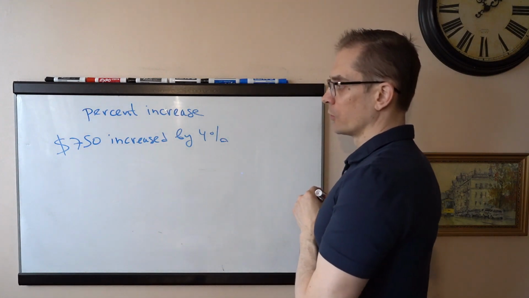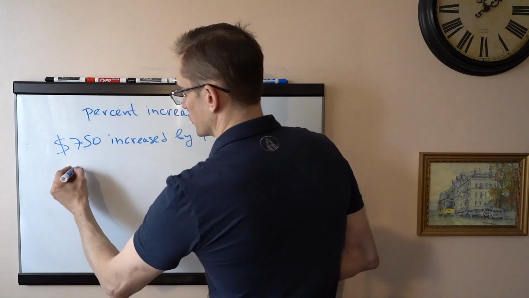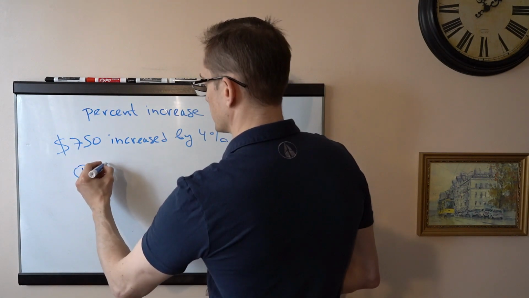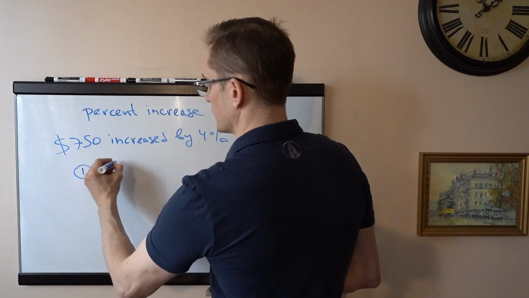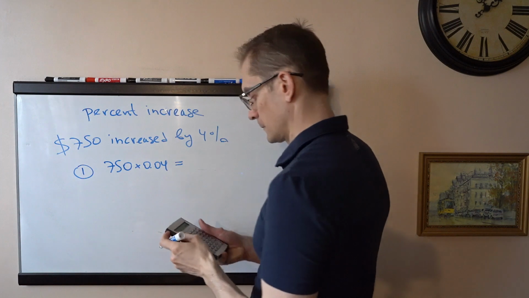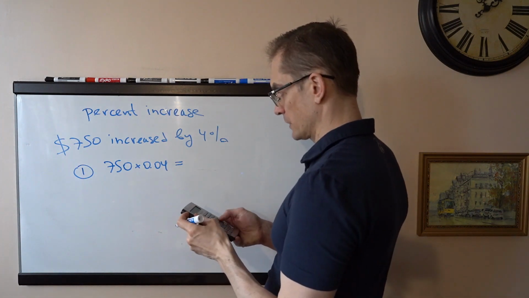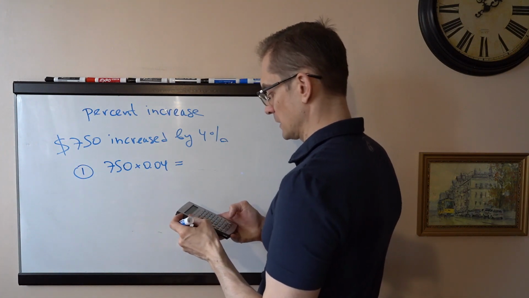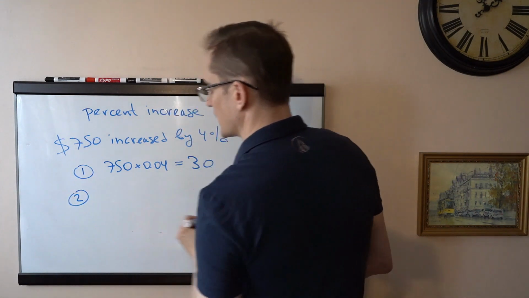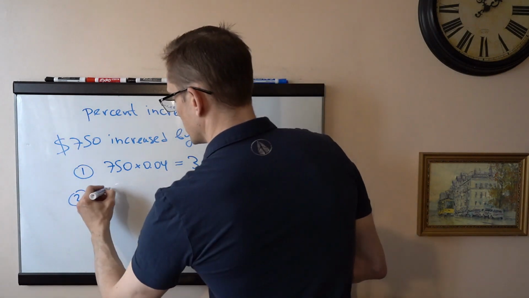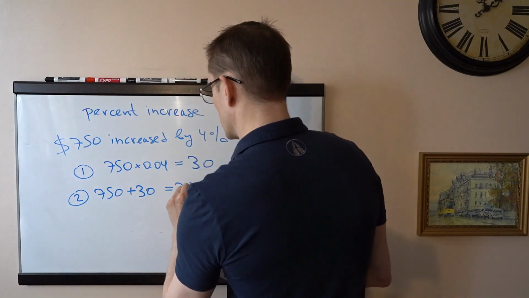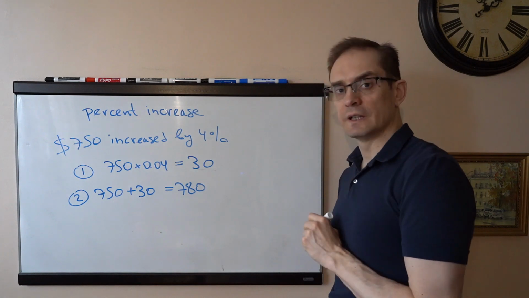A lot of people would solve this problem by following two-step process. In the first step, they would find 4% of 750. So 0.04 times 750, it's 30. And second step of the process would be to take 750 and add 30 on top, so obtaining $780.